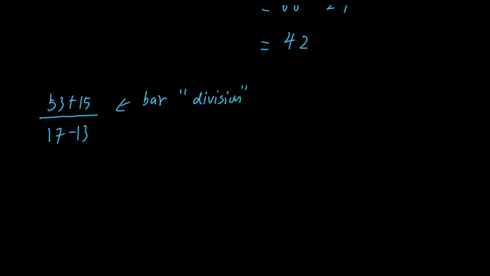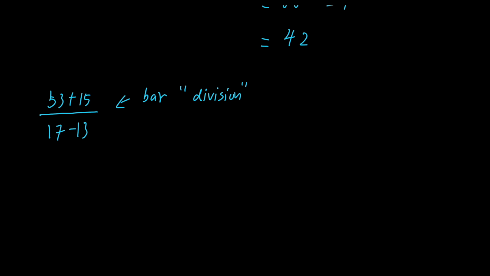So we can translate this expression into a parenthesis, 53 plus 15, and since this bar means division, we can write divided by a parenthesis, 17 minus 13.